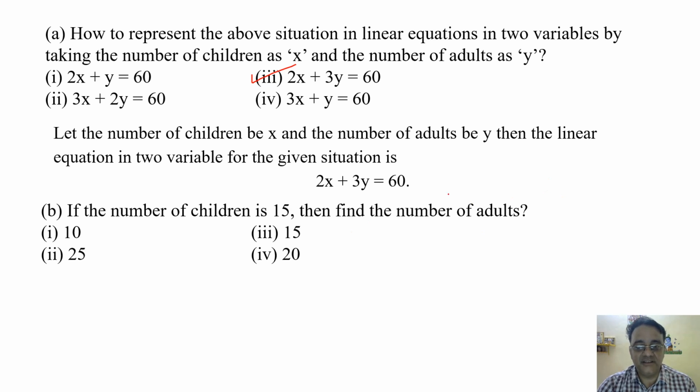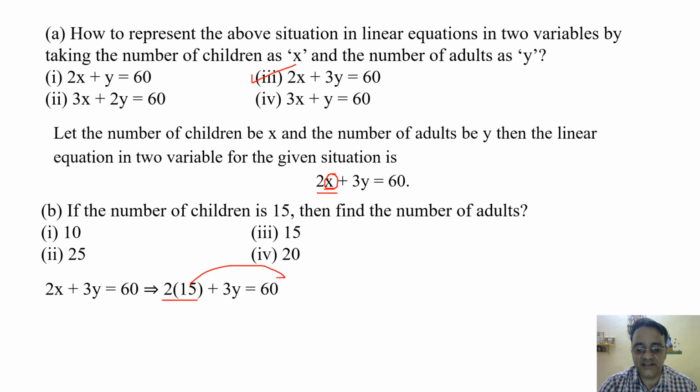If the number of children, तो यहाँ पे हम लोग 15 substitute करेंगे इसमें. So if you substitute 15, so this will become 30. Okay, 30 plus 3y is equals to 60. Now 30 if you shift to this side, so it will become minus 30. 60 minus 30 is 30. And finally we are getting y is equals to 10. And the correct option is the first one.